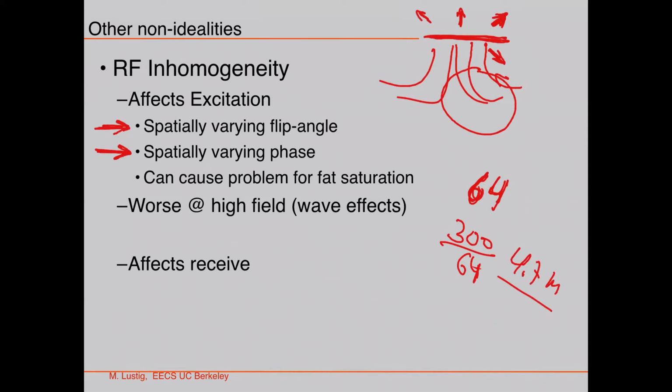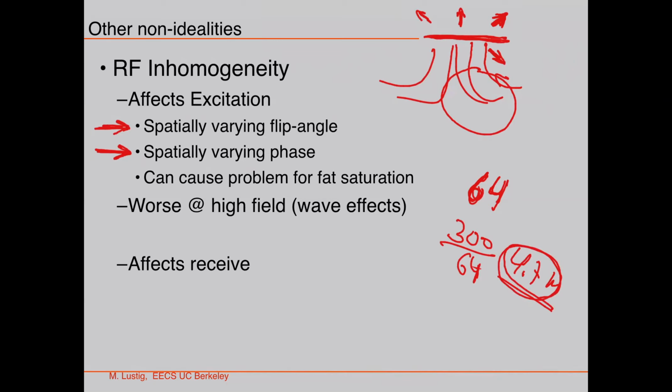Because the wavelength is so long, you can assume what's called quasi-static, so the entire body has exactly the same RF phase. But you forgot something: that's the wavelength in free space. Our body is a big blob of water with a dielectric constant that is not that of free space.